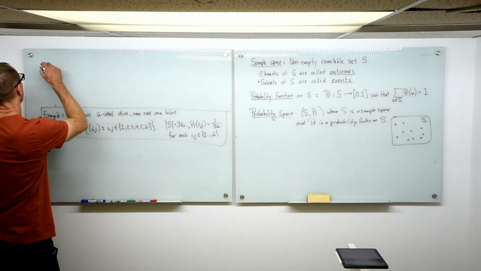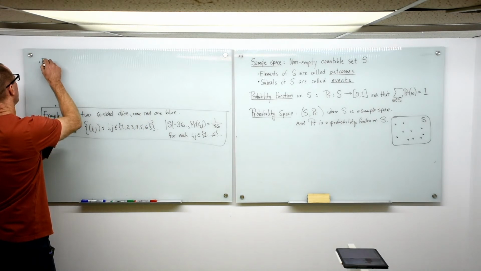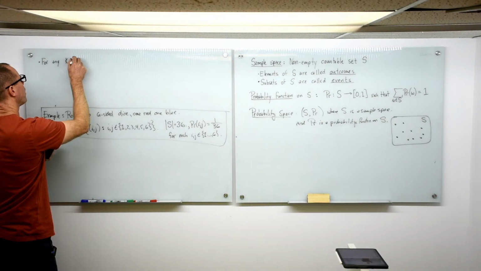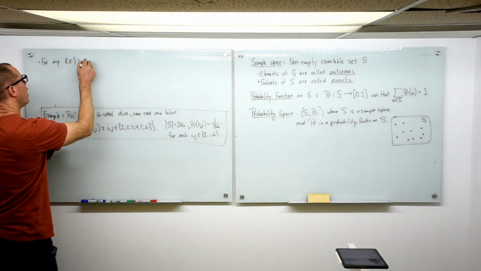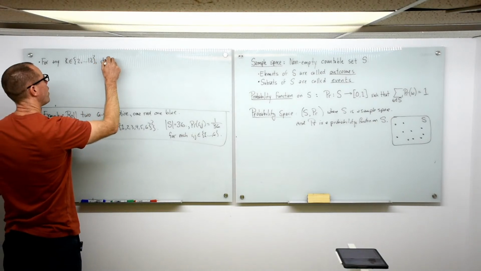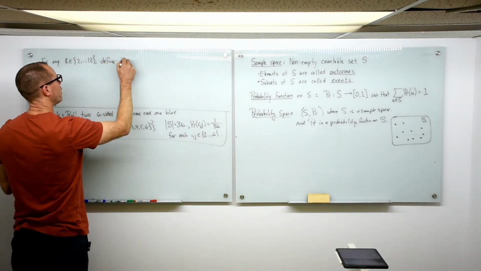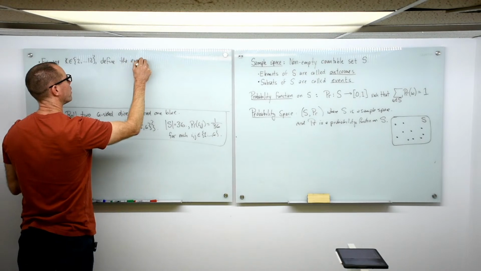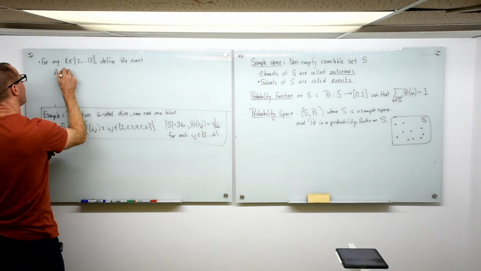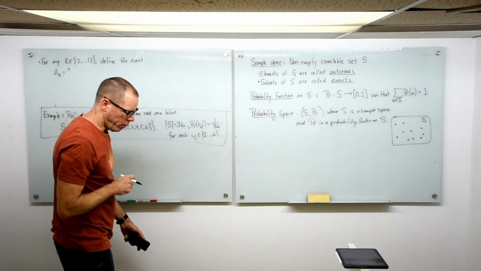So let's, for any integer k from 2 up to 12, define the event A_k.